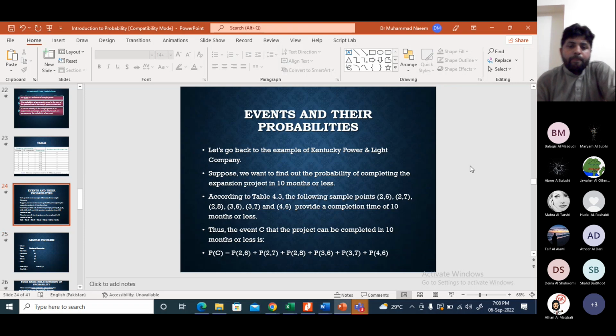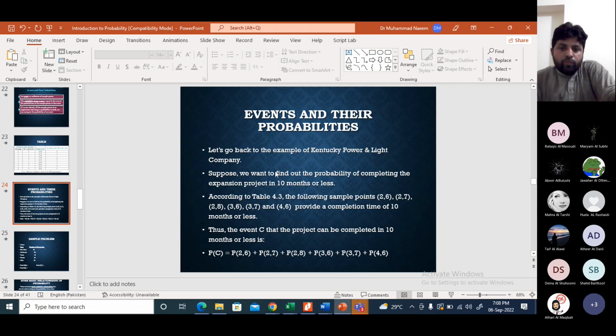For example, in this problem, we want to find out the probability of completing the expansion project in 10 months or less. So we are specifying here that we need only those projects which have completed in 10 months or less.